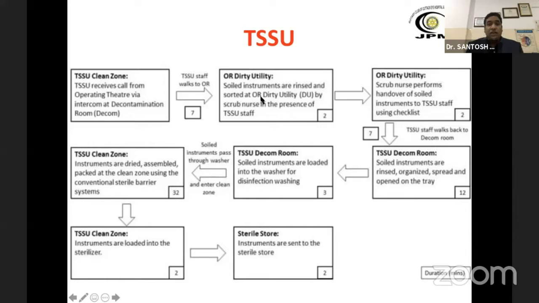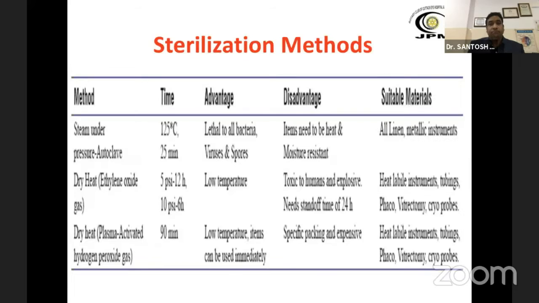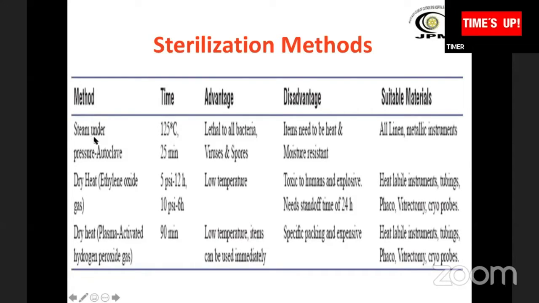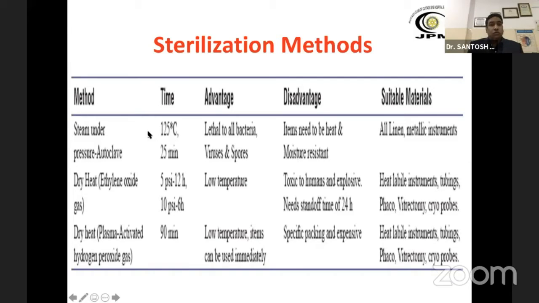All these units need to have fixed persons responsible, and once they are contacted, they need to come to the next zone to receive the instruments, and then the flow of instruments goes like the way I just discussed in my previous slide. The sterilization methods were already described by Dr. Sabyasachi Patnaik and include both steam and dry heat.